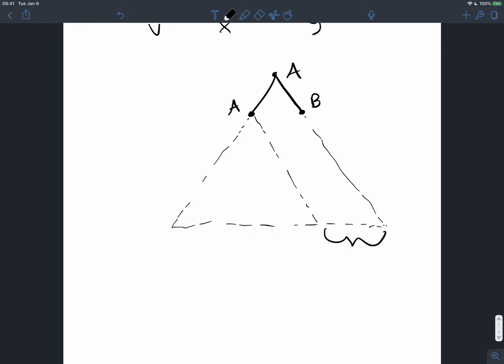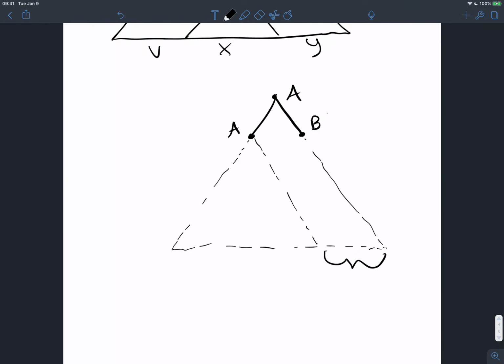It must be non-empty because we know that this variable cannot be the start variable. So could it make the empty string? No. So in fact, the other side of the sub-parse tree that we don't consider has to be non-empty. Whether the one side is empty or not, the other one has to be non-empty.